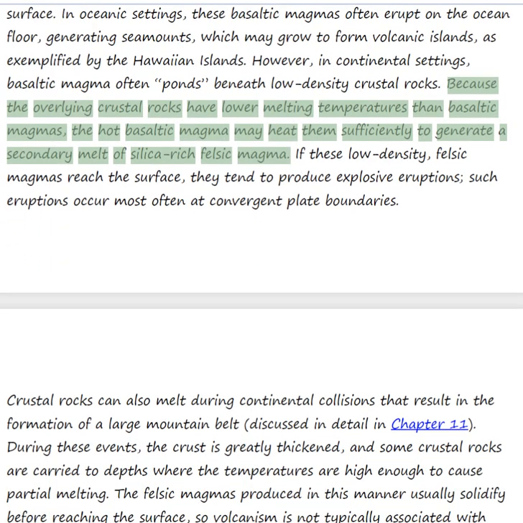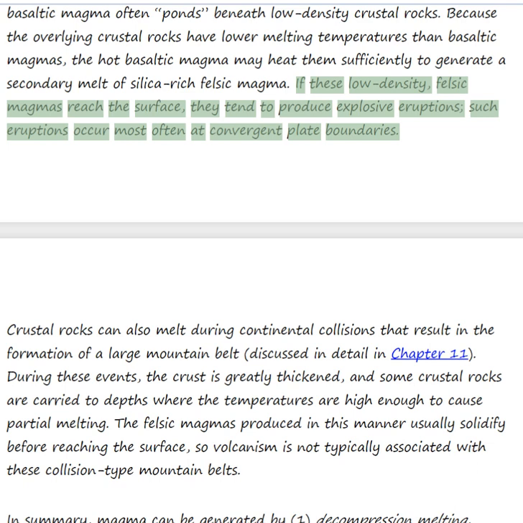Because the overlying crustal rocks have lower melting temperatures than basaltic magmas, the hot basaltic magma may heat them sufficiently to generate a secondary melt of silica-rich felsic magma. If these low-density, felsic magmas reach the surface, they tend to produce explosive eruptions. Such eruptions occur most often at convergent plate boundaries.